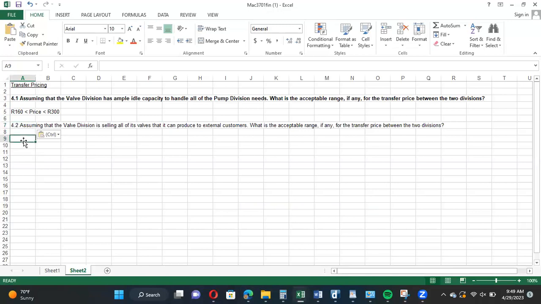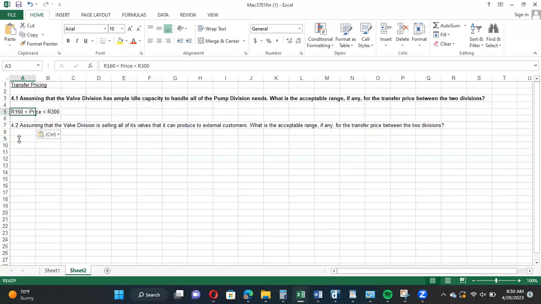So now the story has changed, right? First of all, they previously had ample idle capacity. Now it's not the case. The rules of engagement have changed. So this is the minimum price that we had first, that 160.